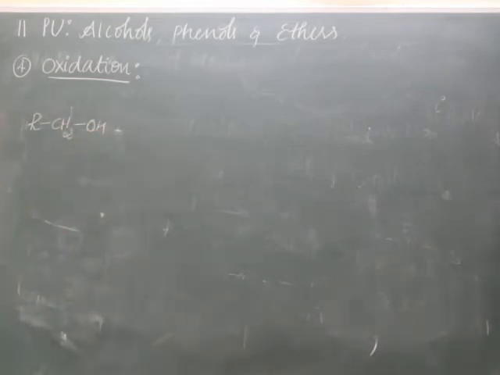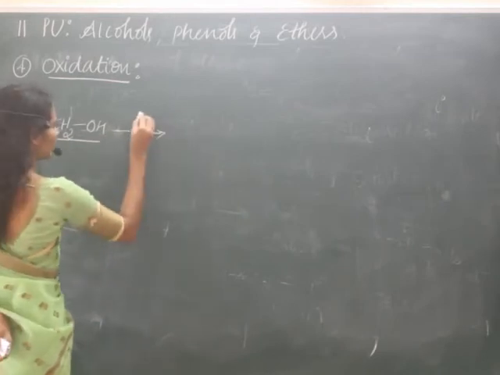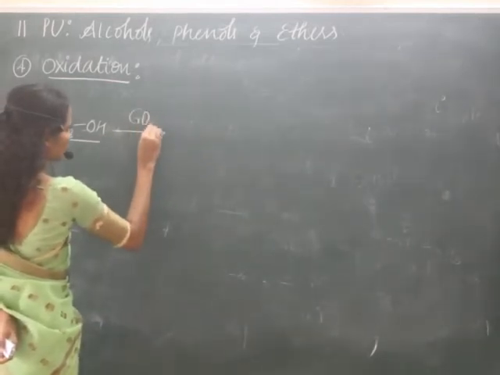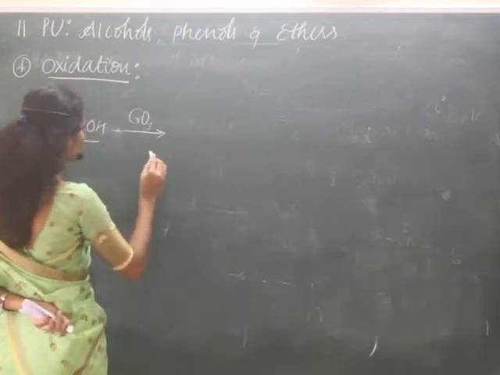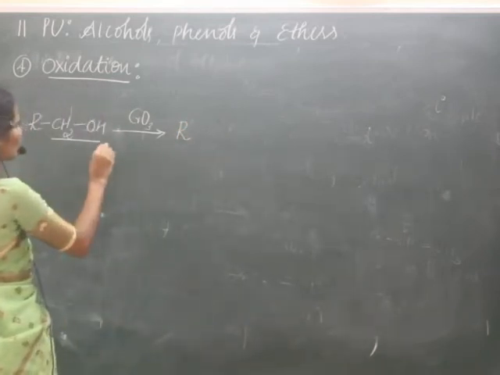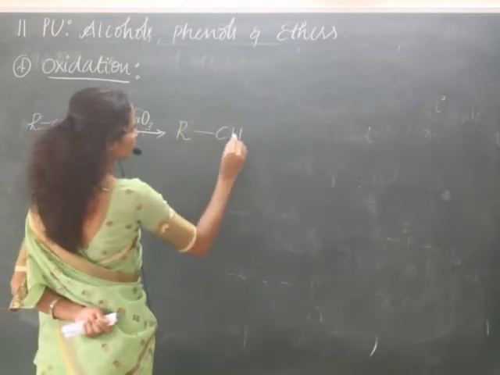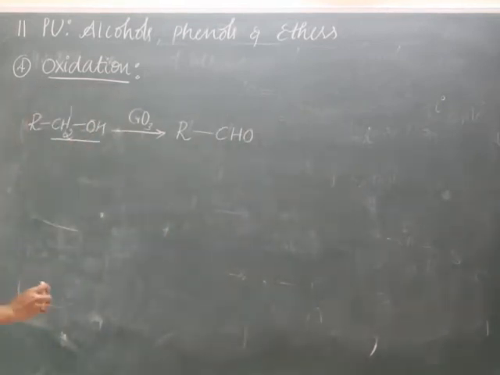RCH2OH, here it is primary alcohol, which on oxidation in presence of chromium trioxide, CrO3, right? It is oxidizing agent. We will get, instead of RCH2OH, RCHO, aldehyde. Primary alcohol will result in the formation of aldehyde.